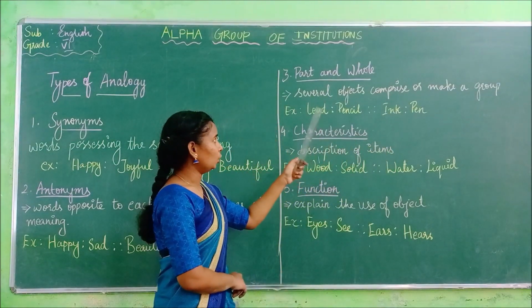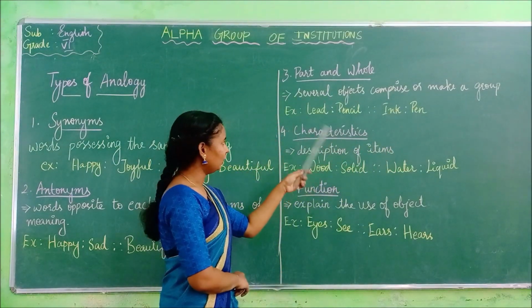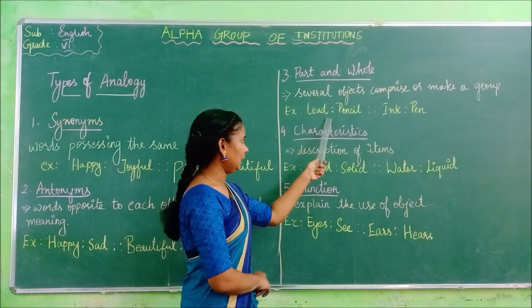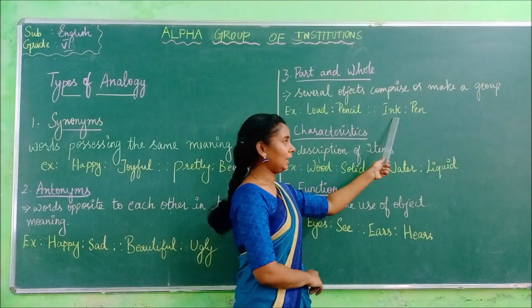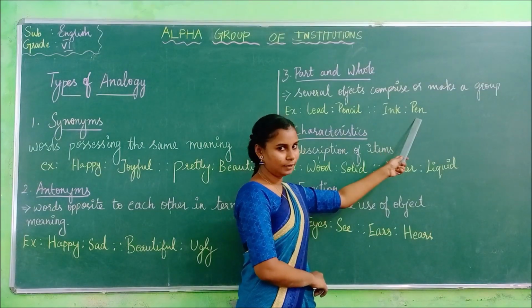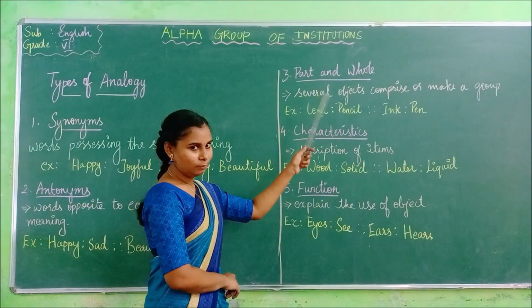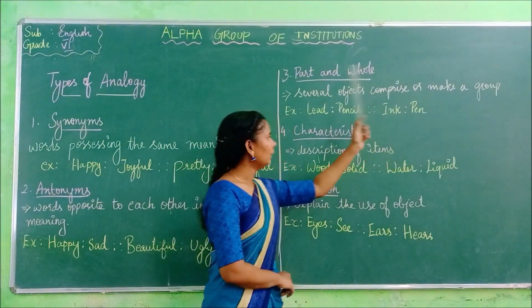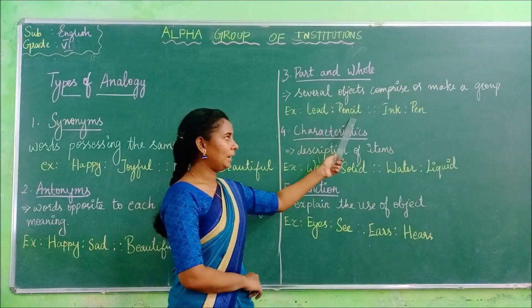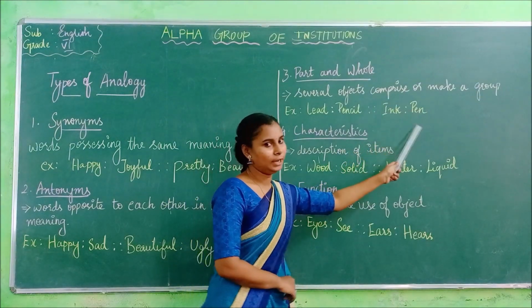Here it denotes part and whole. Lead is a part of a pencil. And ink is a part of a pen.